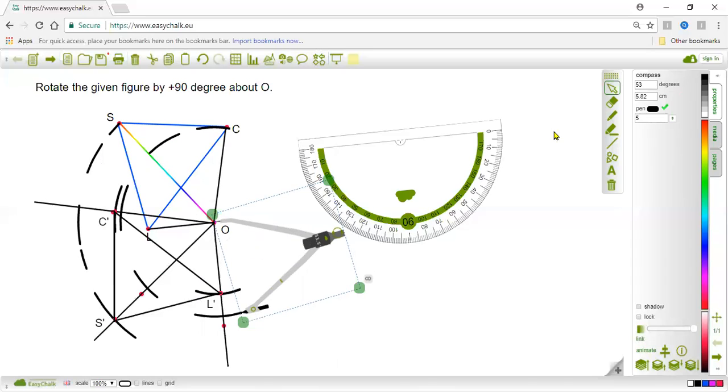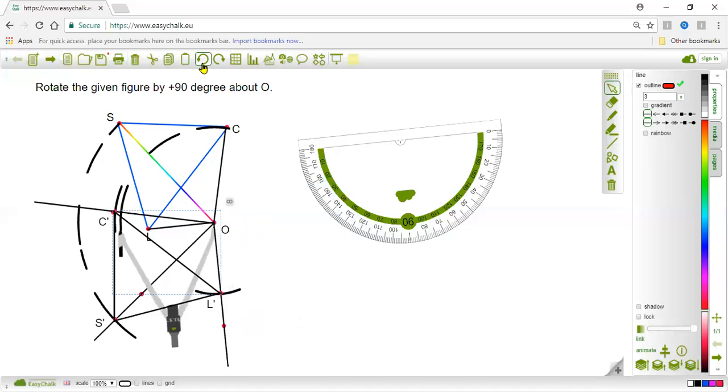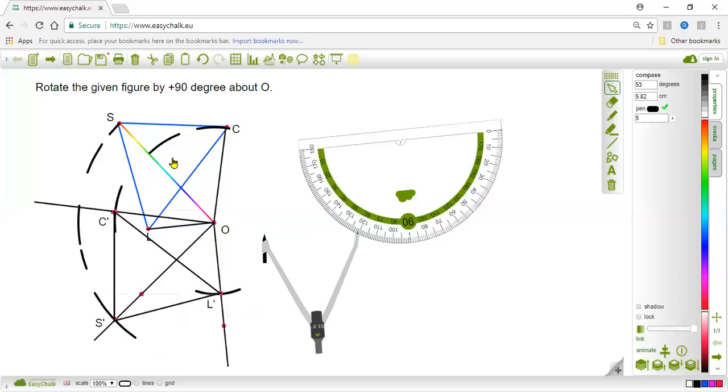Sorry, here the C dash is here, so here is a little bit of a mistake. Let me just undo it. Here the point C prime is already on the path, so no need to give the extra paths. Let me remove this compass. Here we have just given this dotted path for representing the path of the rotation.